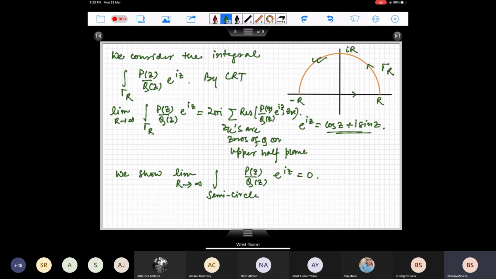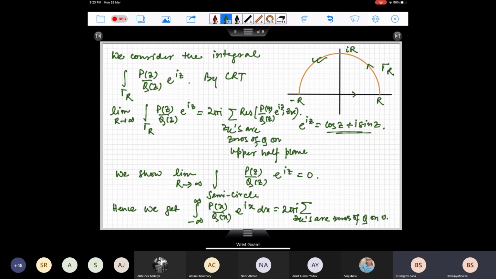So hence we get the integral from minus infinity to plus infinity of p(x)/q(x) e^(ix) dx is equal to 2 pi i times the summation, where zk are zeros of q on the upper half plane, of the residue of p(z)/q(z) e^(iz) at zk.